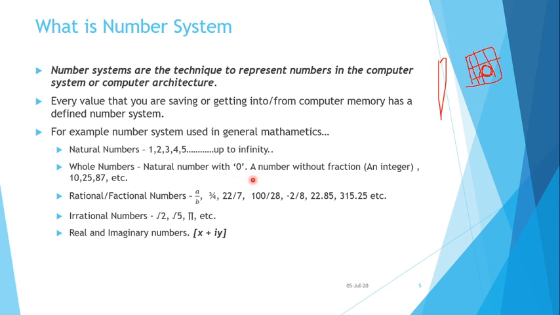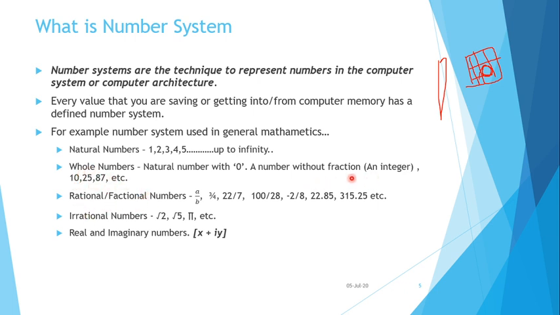Or it can also be said as a number without fraction, which is called an integer. Now do you remember where you have studied this word earlier? If you remember, it is used in C programming language: integer, a number without fraction, int value. So these are the examples of whole numbers.